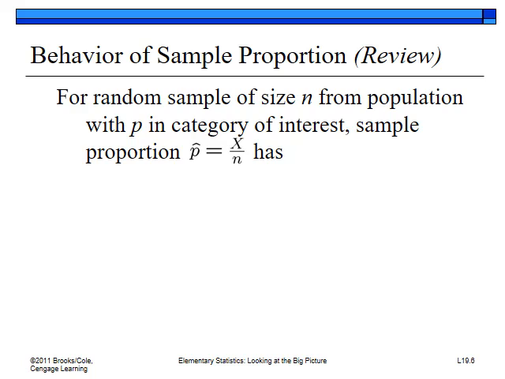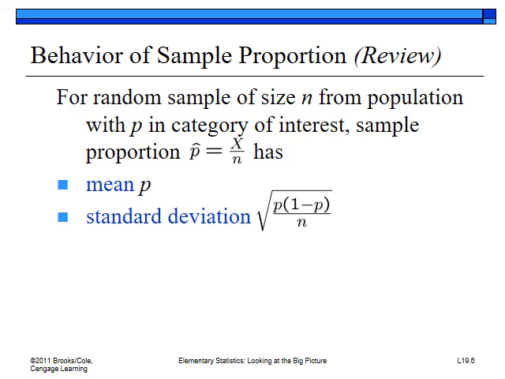Now that P hat is a statistic, it is the proportion inside our sample, but we can also treat it as a random variable. Its value depends on the random selection of the sample. So we know the way it is distributed can be summarized by the mean, which is P. Overall, we expect the proportions in our randomly selected sample to average out to the proportion in the population.